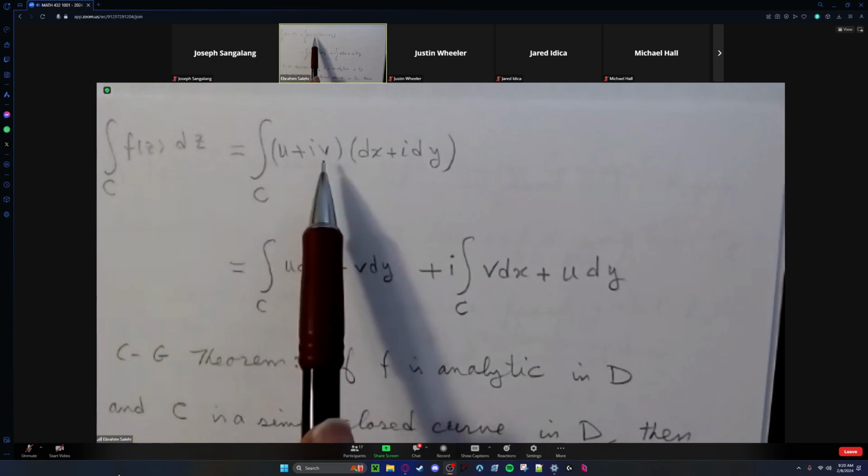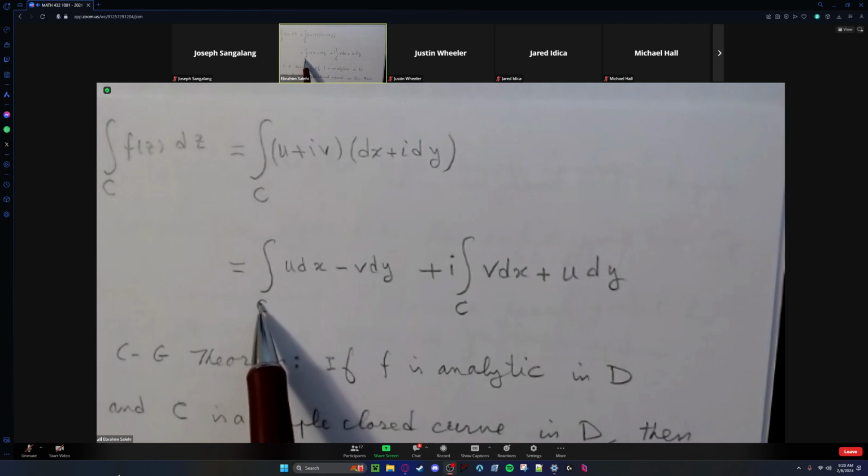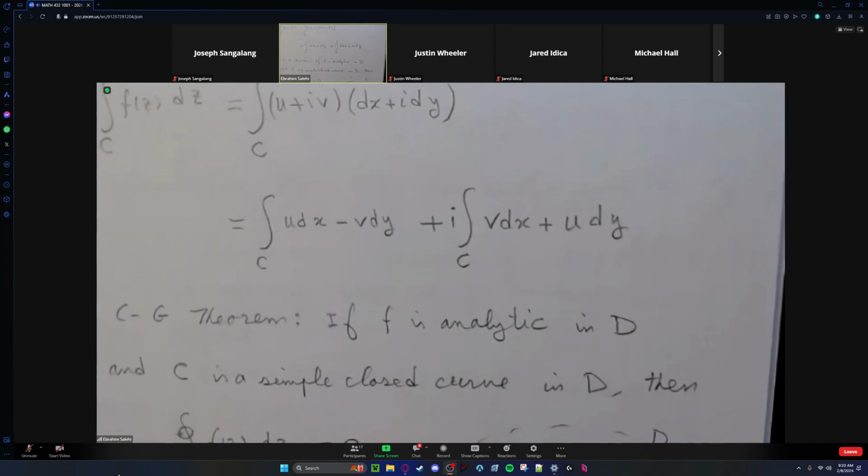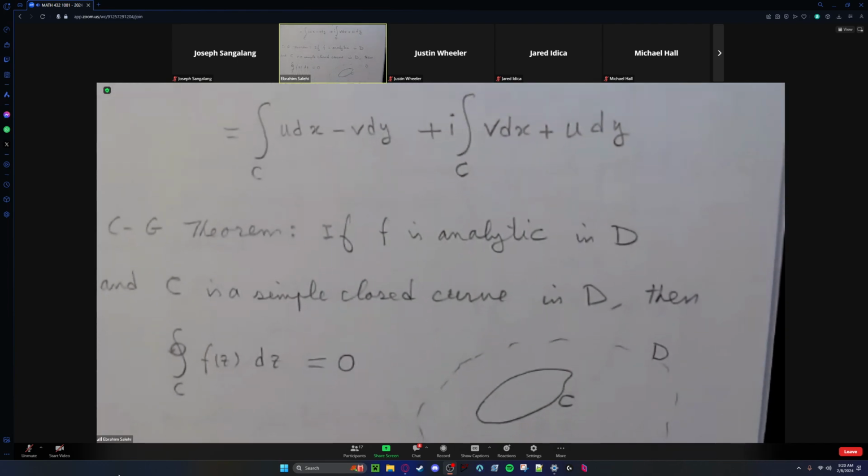This is how, if we have parameterization, we integrate. But if you are integrating over a closed curve, and the function is analytic, the result is 0. Okay?